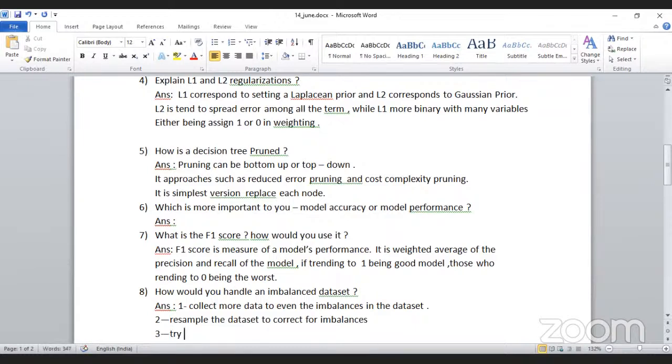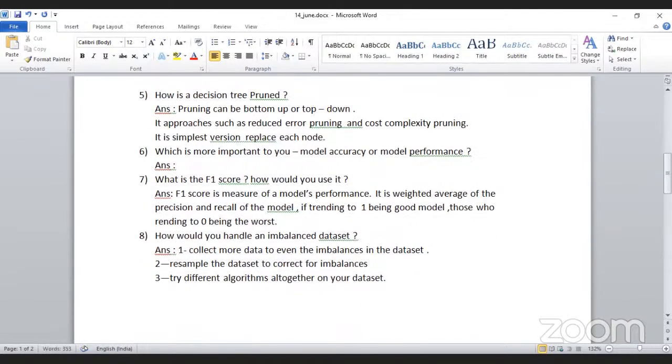We can try a different algorithm altogether on our data set. So these are the things we can try with an imbalanced data set.